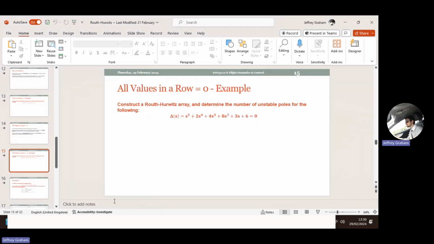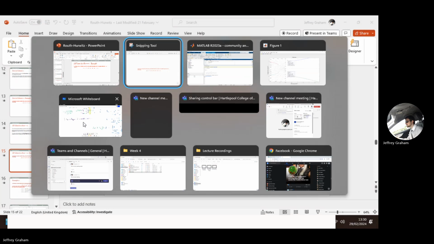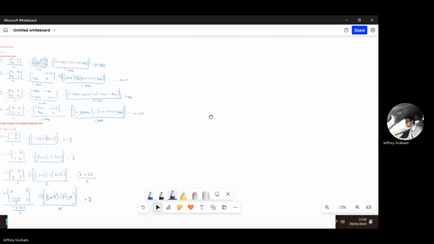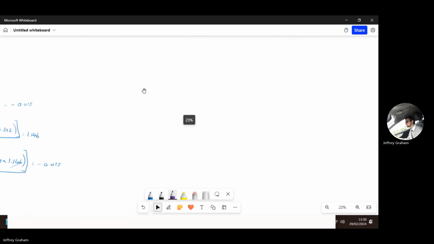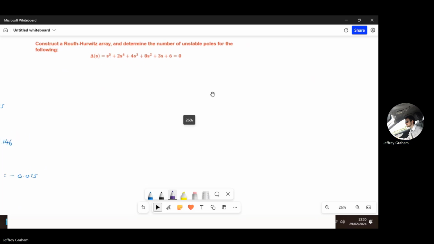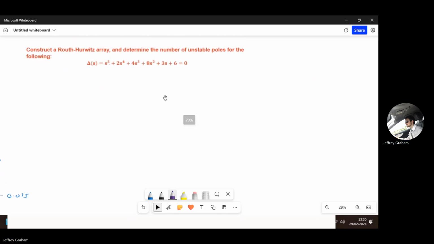Right, into the whiteboard again. There's one extra thing I'm going to do with this, which I'll show you at the end. Starts off exactly the same as ever. Produce the array. It's a power 5 this time.